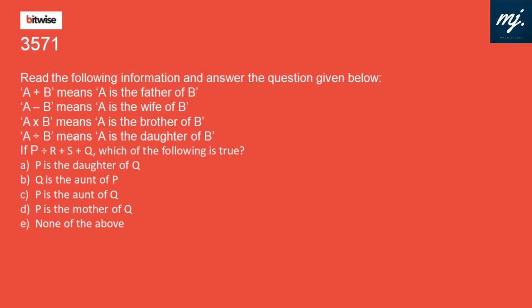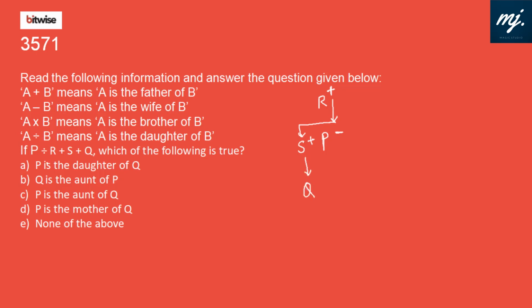P divided by R means P is daughter of R. Then R plus S means R is father of S. There is one more sibling here with P, because P is daughter of R. Then S plus Q means S is father of Q.